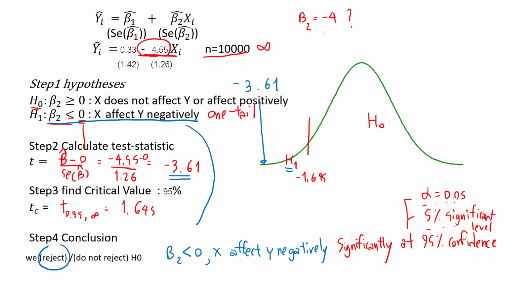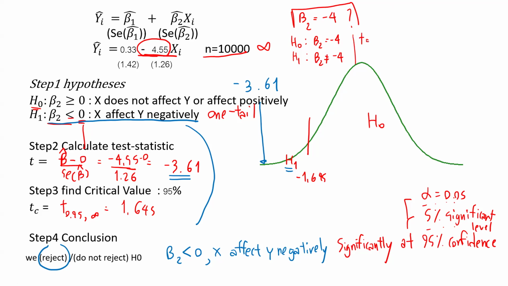Okay, so you have to set the hypothesis. H0, that's okay. H0 has the equal sign: beta 2 equals minus 4, versus H1: it is not. Very good. And then second step, you have to calculate t.